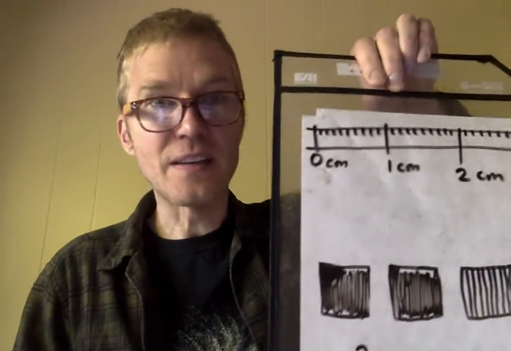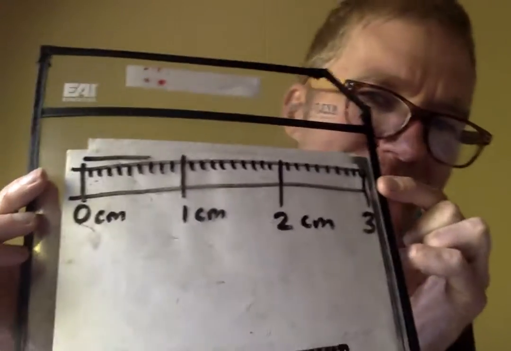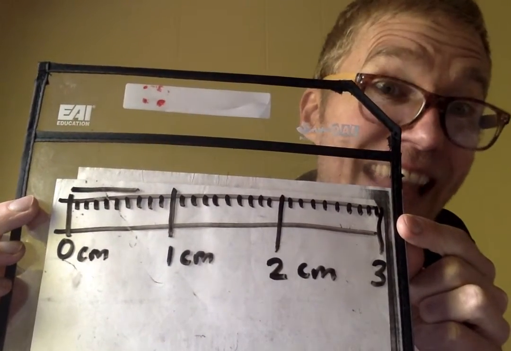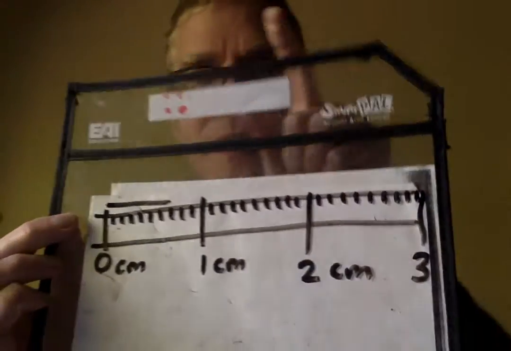So say the line goes like this. What's the measurement of the line? Can you count how many tenths that is? The centimeter's been broken up into tenths, into 10 small pieces. How many are we talking about? Well, just count them up.